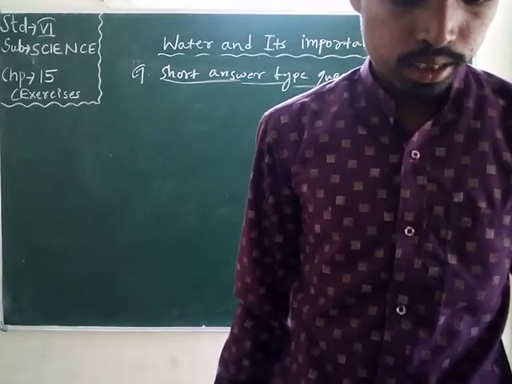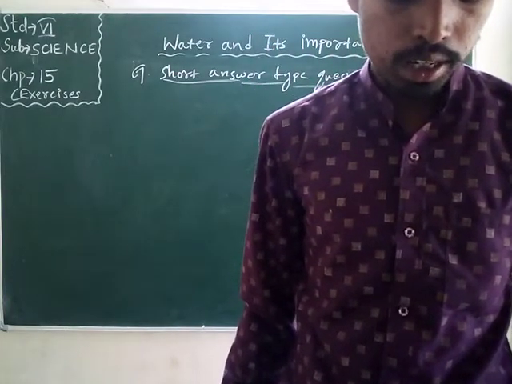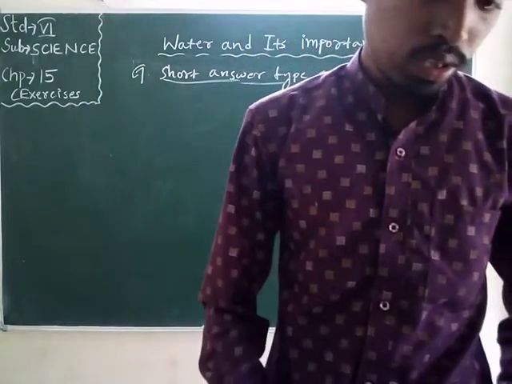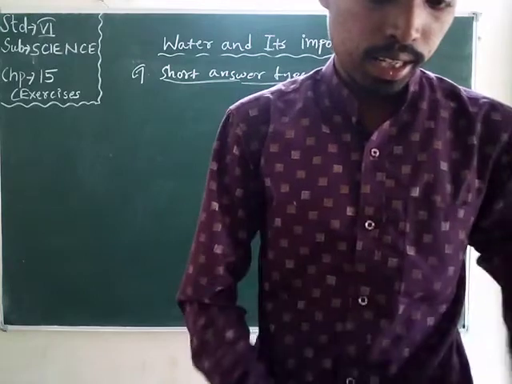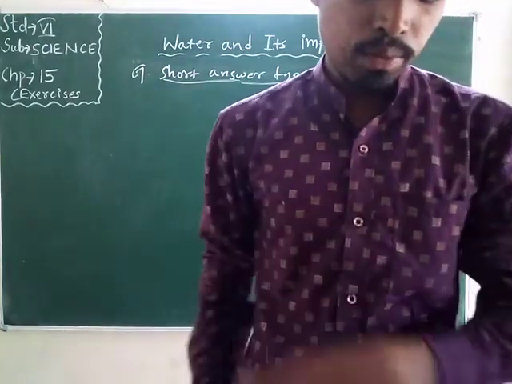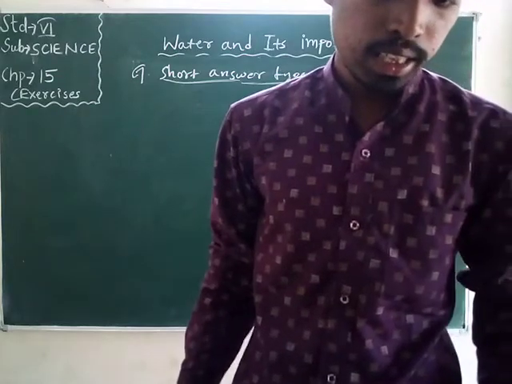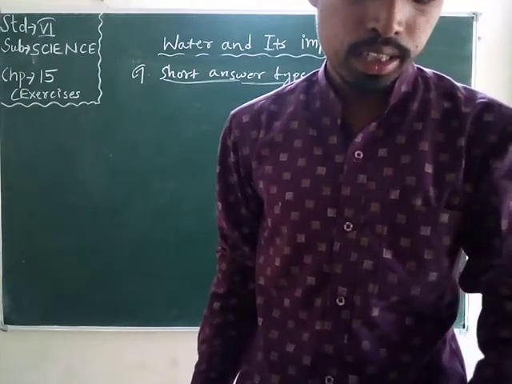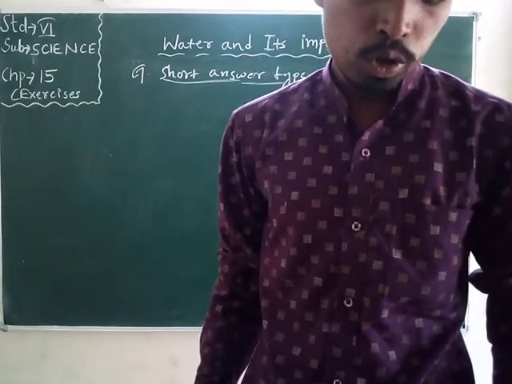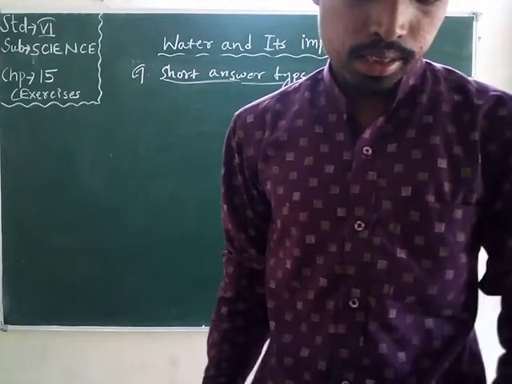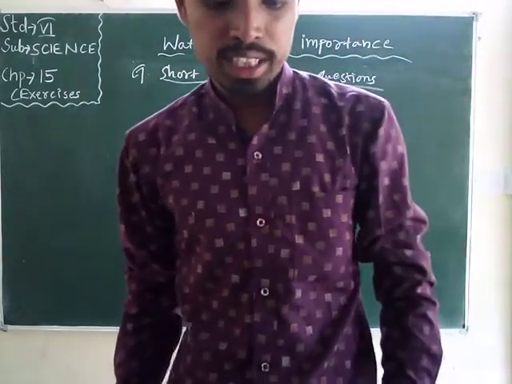Number third, what is drought? What are its causes and impact? So drought is a condition when there is a lack of water due to no rain. Okay, and it is caused by climatic conditions and also by the disturbance created by human activities. Impact.